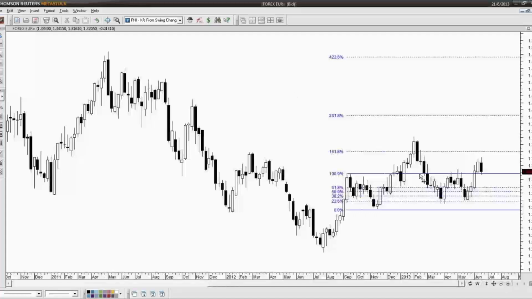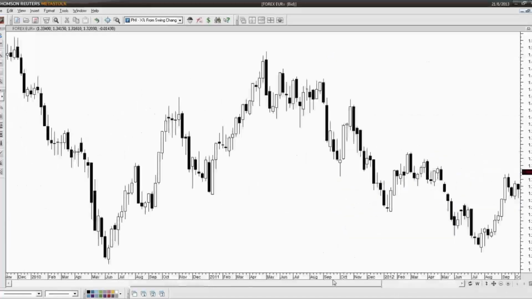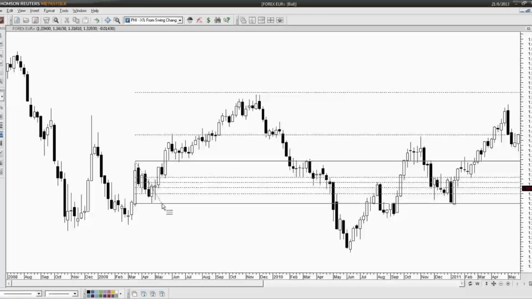Look at this on the weekly chart. Let's take the euro, for example, for the period that I have here. There is practically maybe one failure swing that does not reach at least the 161.